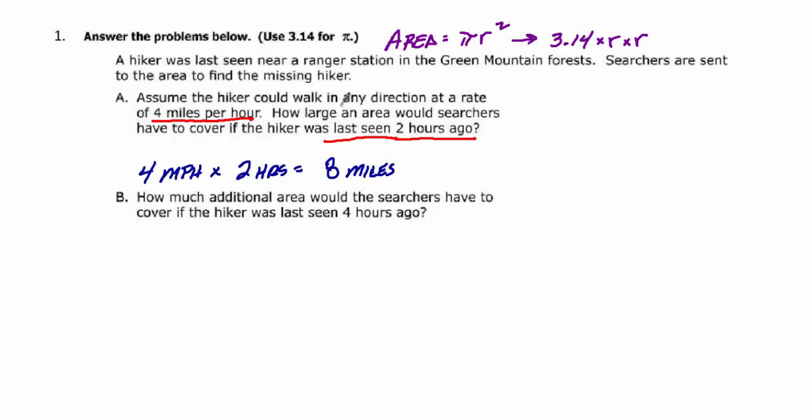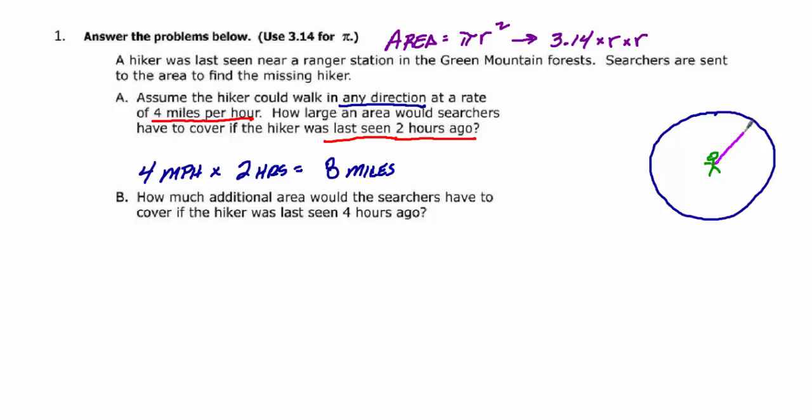Now, they tell us that the hiker can travel in any direction. And the geometric figure that goes in any direction is the circle. And I'm going to attempt to draw a circle, and that's not bad. It's one of my better circles. So here's what we know. If the hiker started right here, here's hiker, right in the center of the circle, he could travel in any direction 8 miles.